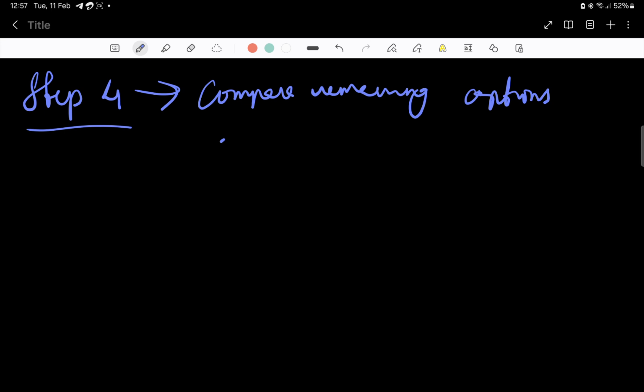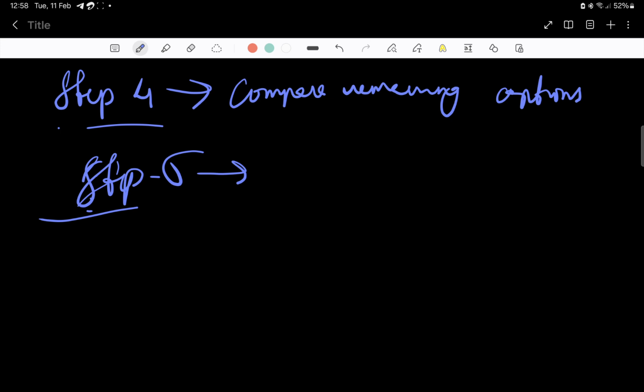So the step 5. The most important step. What is this fifth step? It is final validation. Does the reverse construction confirm the answer? Before selecting, check again. If you reverse the answer choice, does the argument still work?